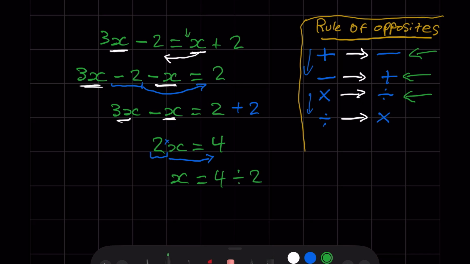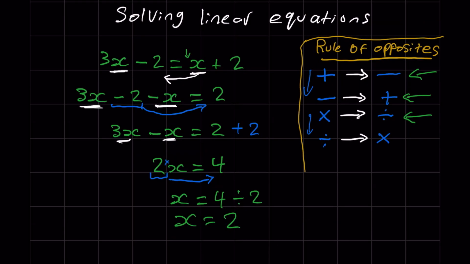We're doing that division. We're moving that 2 over to the other side and dividing it. Therefore, x equals 2. 4 divided by 2 is 2. So x equals 2. That is all on solving linear equations.